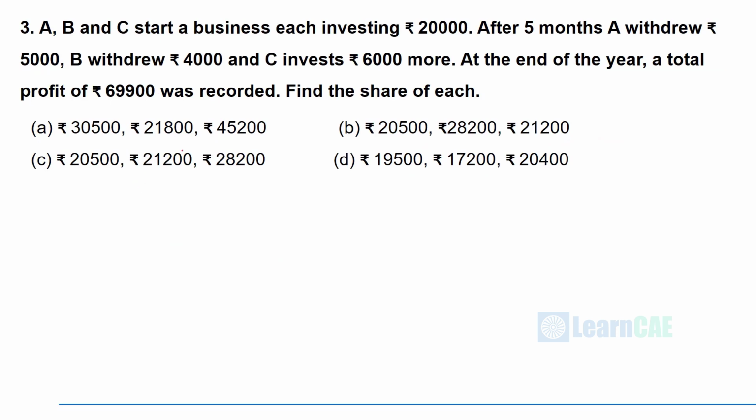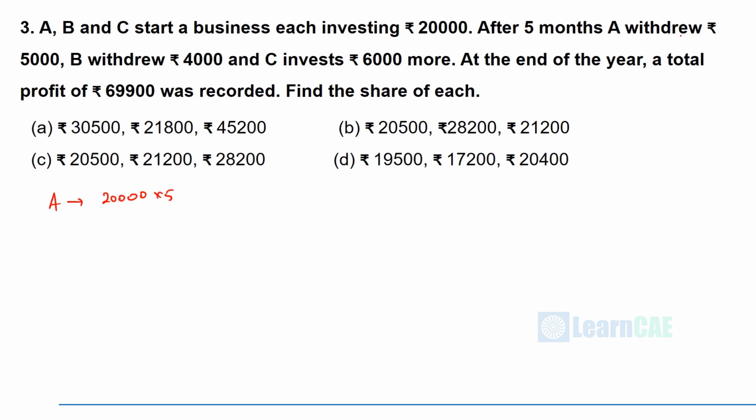A, B and C start a business, each investing 20,000. After 5 months, A withdrew 5,000, B withdrew 4,000 and C invests 6,000 more. At the end of the year, a total profit of 16,900 was recorded. Find the share of each. Okay. So A has invested 20,000 for 5 months.